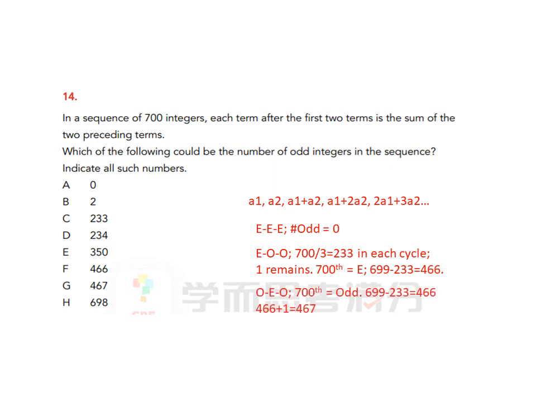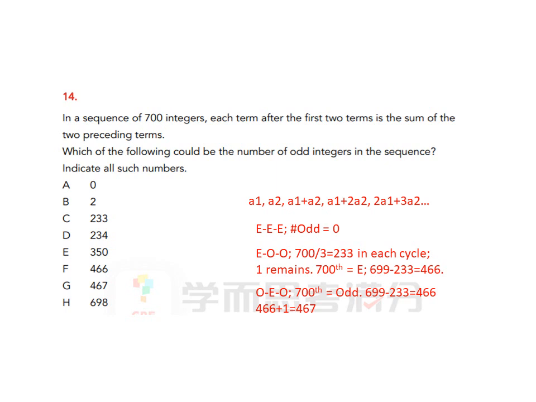There is another case. If the first term, A1, is odd and A2 is even, the third term will be odd. So after completing the three-integer cycles, the 700th term will be odd. There are 466 odd numbers, and we add one more as the 700th term is odd.